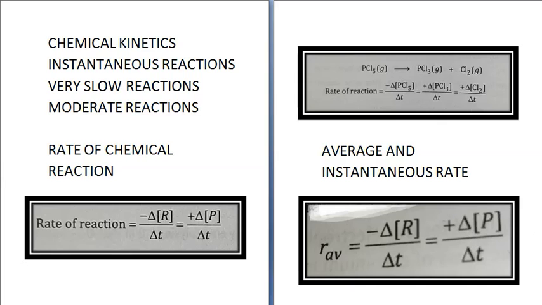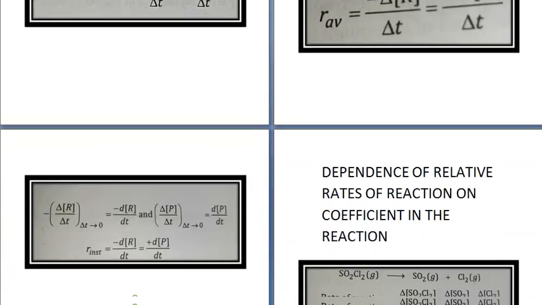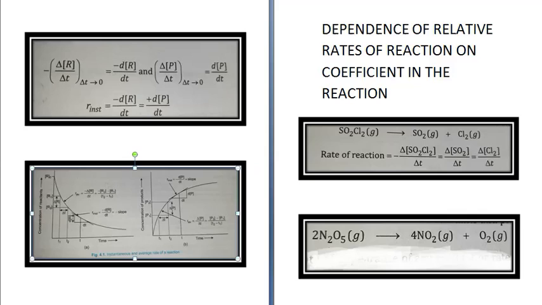But in case of instantaneous rate of reaction, instantaneous means at that particular moment of time. So instantaneous rate of reaction can be represented by minus dR upon dt or dP upon dt in place of delta R upon delta T and delta P upon delta T. See here it was minus delta R upon delta T. When you limit the value of delta T to 0, it becomes equal to minus dR upon dt.